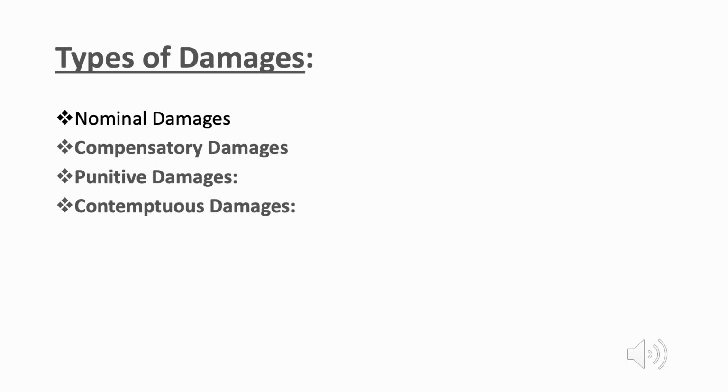Next is punitive damages, and next is contemptuous damages. These damages are awarded when the plaintiff moves the court on a technical legal ground without moral justification. The courts express their disapproval of such conduct by awarding very low damages of say ₹1 or even paise.